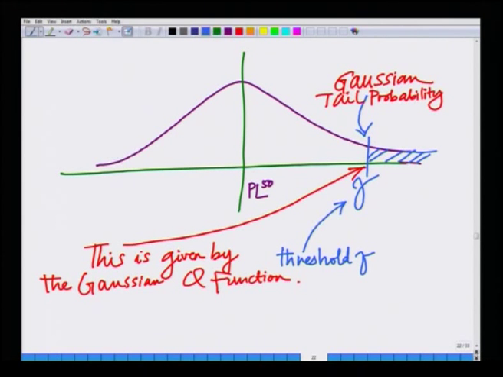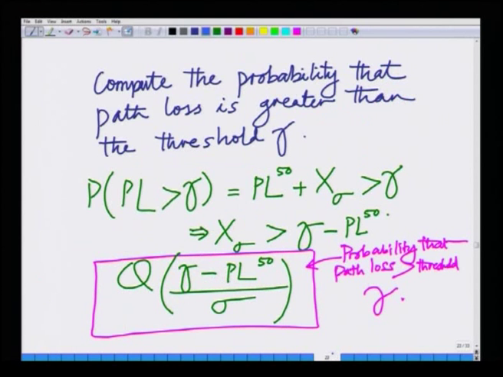And we said if you want to compute the probability that the path loss is greater than a certain threshold gamma, then I have to use the properties of the Gaussian distribution. That is the mean path loss plus this x sigma, which is a Gaussian random variable with zero mean and variance sigma square, being greater than gamma, which means x sigma is greater than gamma minus PL50.